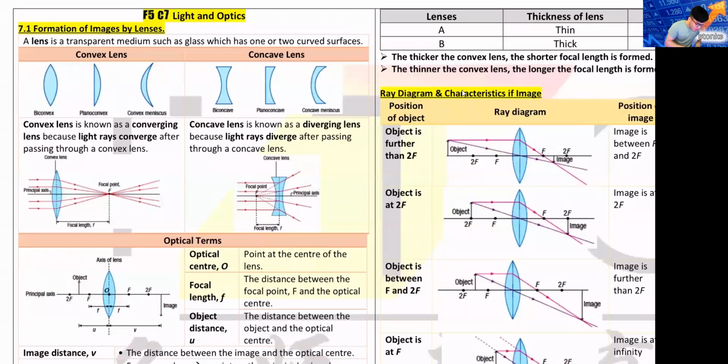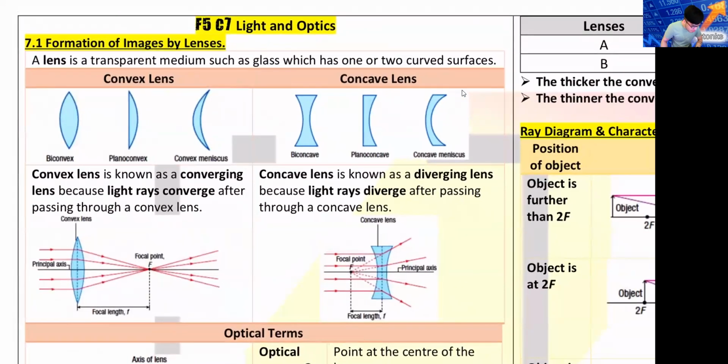Anyway, let's look at our beginning. Light and optics, cahaya dan optik. Formation of images by lens. We start everything by kanta, which is our lens, and our lens has 2 types. If you still remember, the coming out one is called convex, which is kanta cembung.